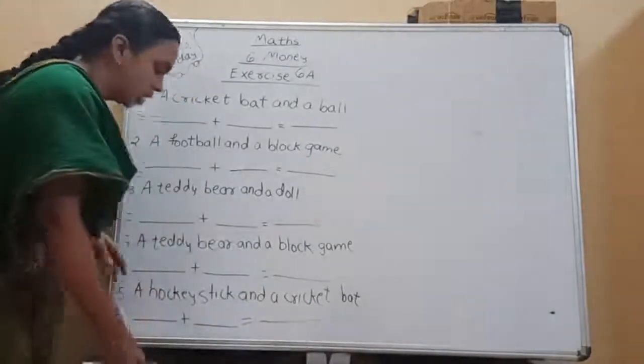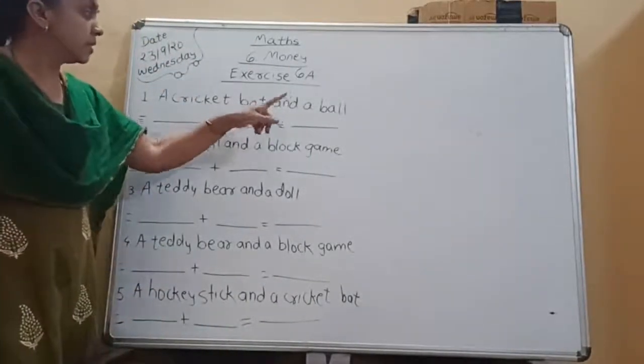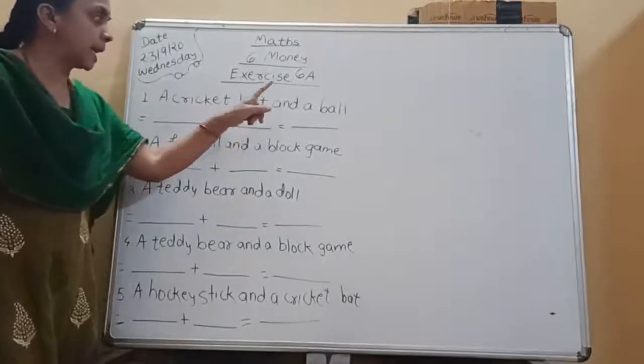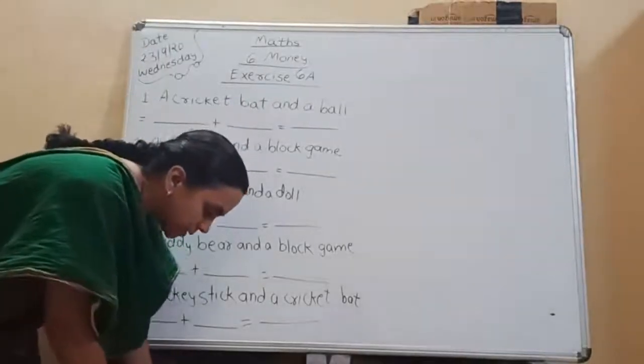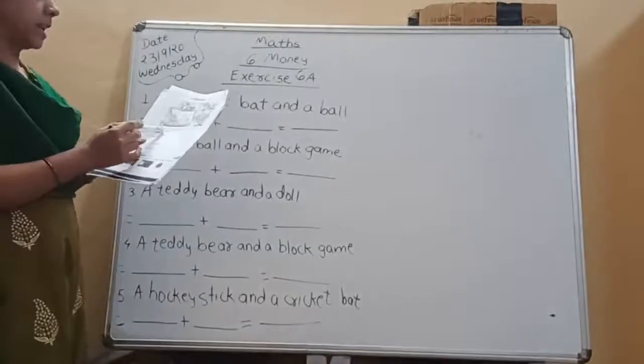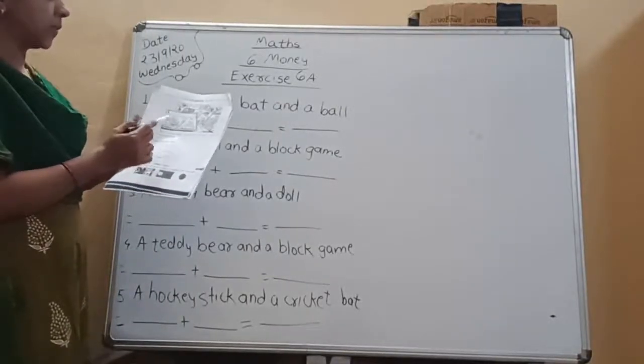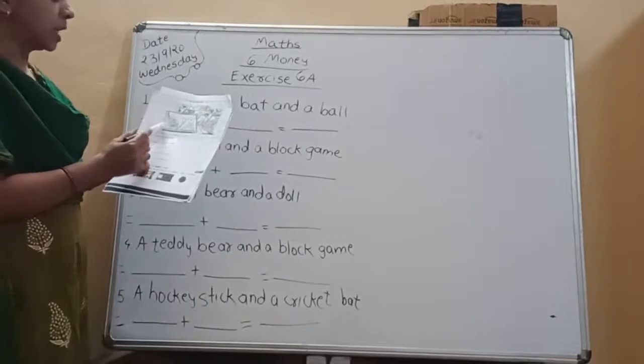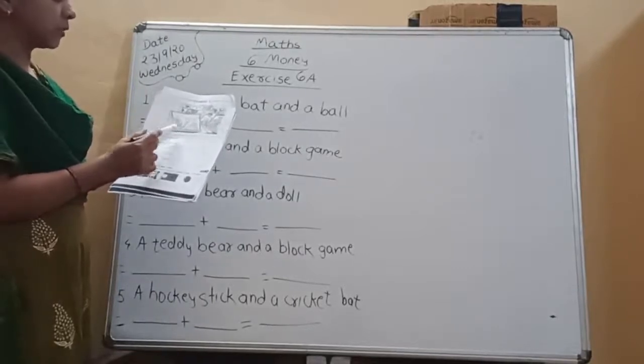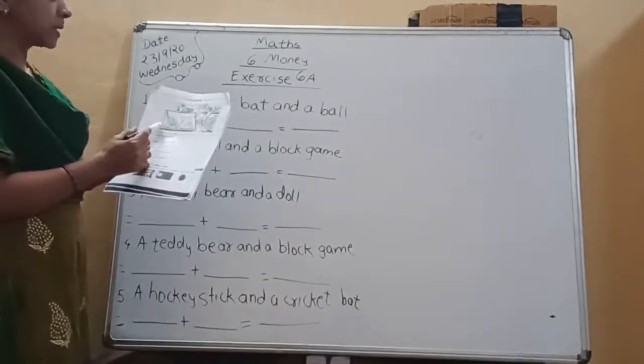A cricket bat and a ball. Now see, the cricket bat. What is written on the cricket bat? Rupees 145. And a cricket ball. What is written on that cricket ball? Rupees 65.